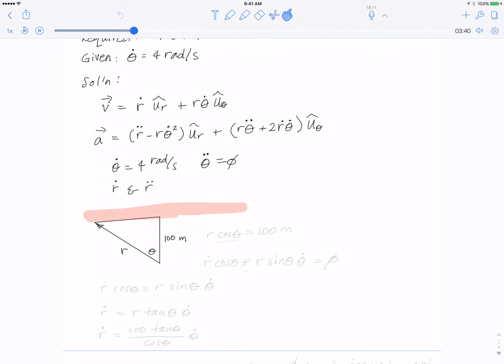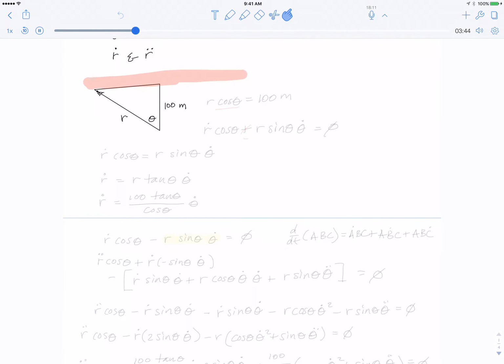So we need a relationship between r and theta, and that way we can get r dot from theta dot. Looking at this, I can see right away that r cosine theta equals 100 meters.